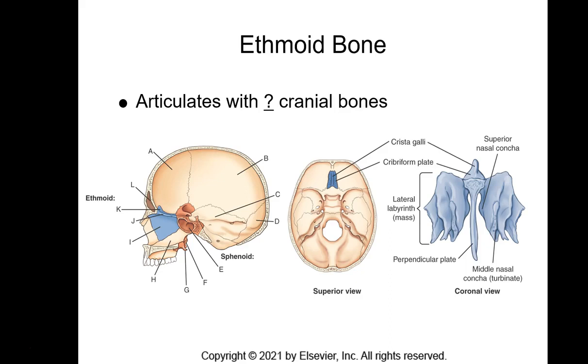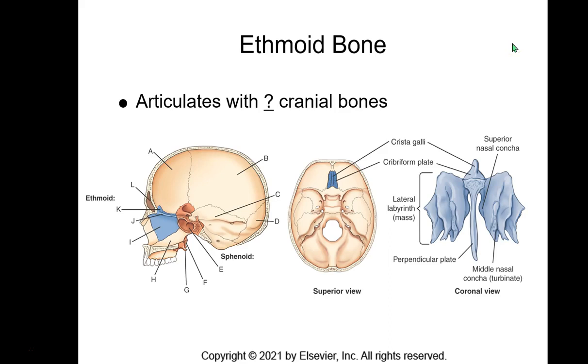Most of the ethmoid bone, again, lies beneath the floor of the cranium. And you can kind of imagine that here on this lateral perspective. Most of the bone is below the floor of the cranium. Projecting downward in the middle of the ethmoid bone is the perpendicular plate. That helps to form part of the bony nasal septum.